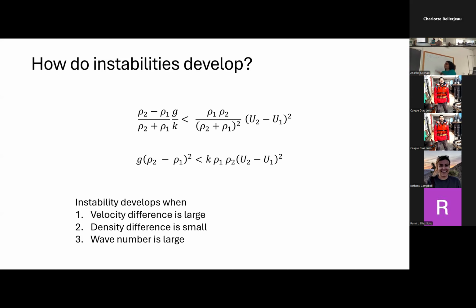Because if you have a very strong density gradient, that's just going to make it harder for shear to drive a perturbation and for that perturbation to grow. Hopefully that makes sense.